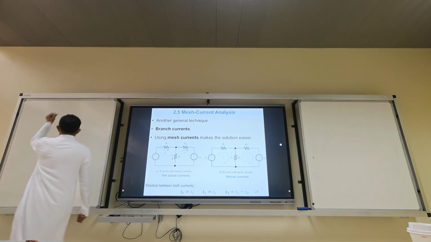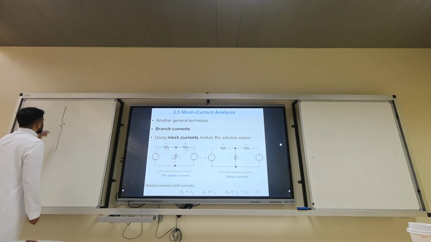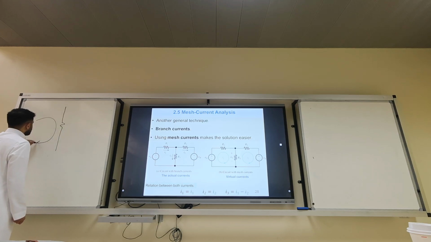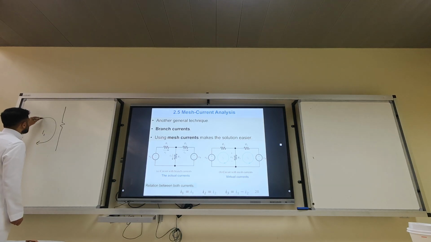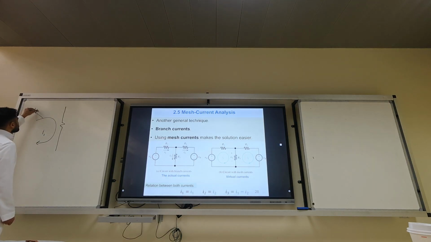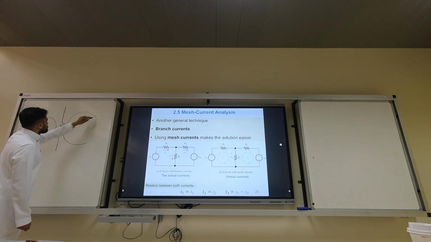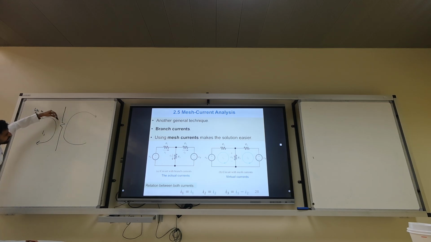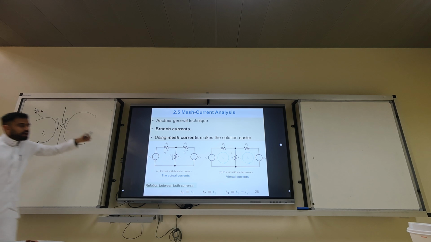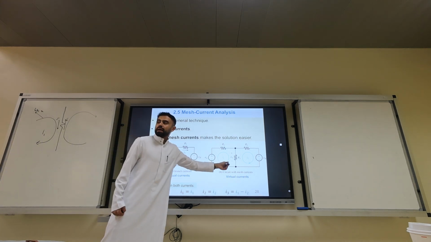Now, yes, because in the mesh, I do like this, I1, and this is a fake current, okay? And then I do I2. So in this resistor, I have I1 moving here, I2 moving there. Keep in mind this I1, this one is in blue, not in black.